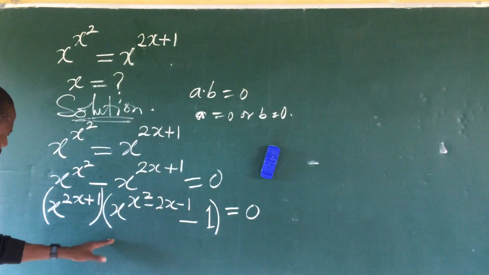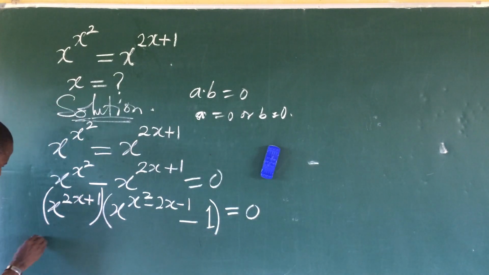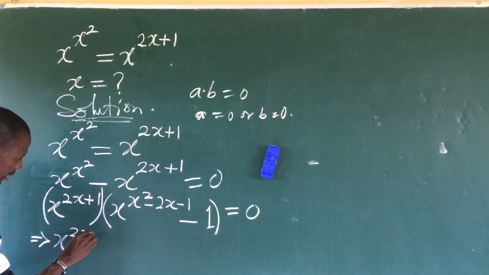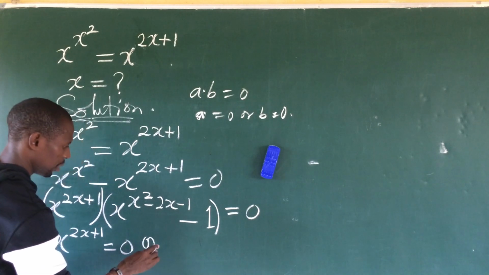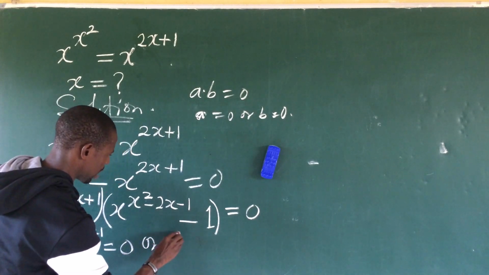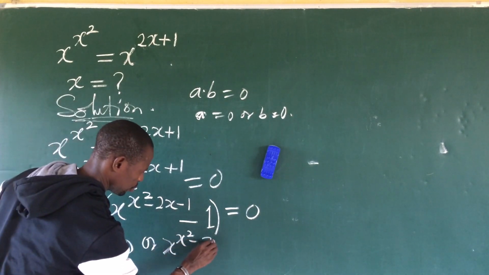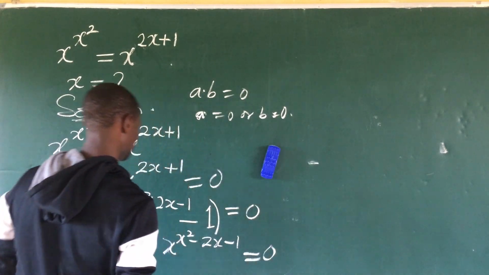So if we succumb to that rule, we can equate this to 0 and equate this to 0. This implies that x to the power of 2x plus 1 equal to 0, or x to the power of x squared minus 2x minus 1 equal to 0.